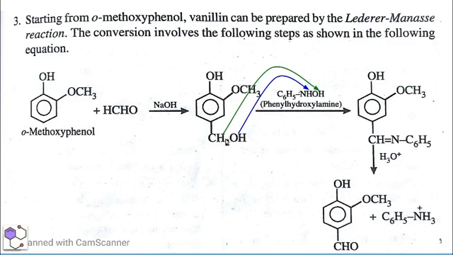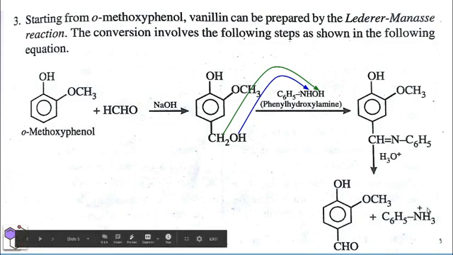Then we have only one H here, which will combine with this nitrogen forming this compound, that means CH double bond N C6H5. On acidic hydrolysis we get vanillin. That means an oxygen will add here, then this bond will break and H3 will add on the nitrogen atom.